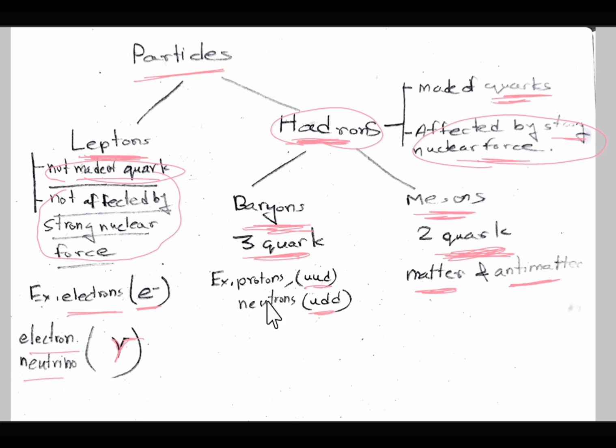The examples of quarks are up, down, top, strange, bottom, and the examples of baryons are protons and neutrons. Protons are made up of up and down quarks, and neutrons are made up of up and down quarks.